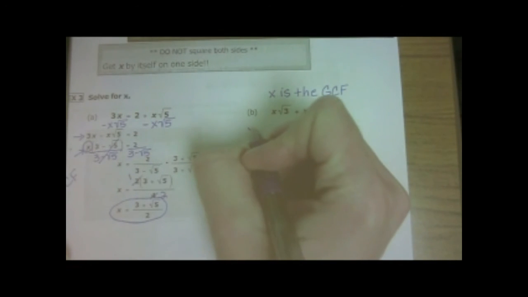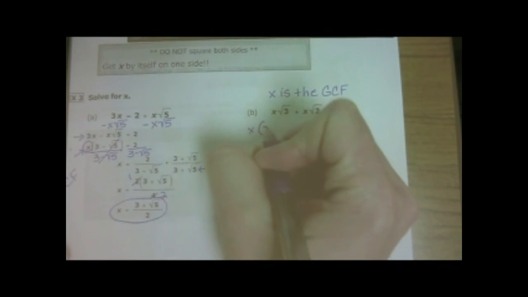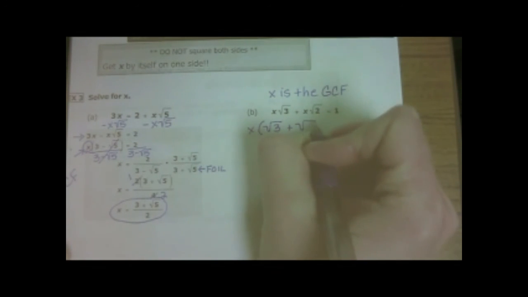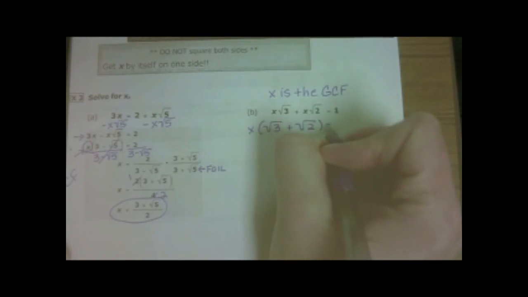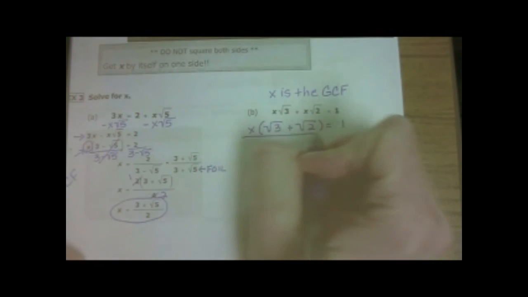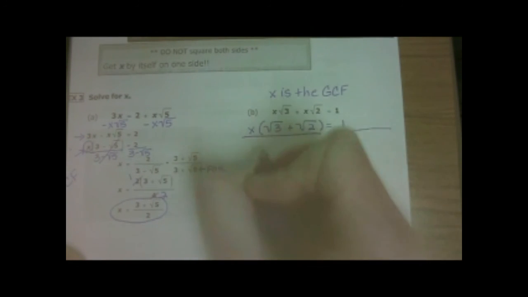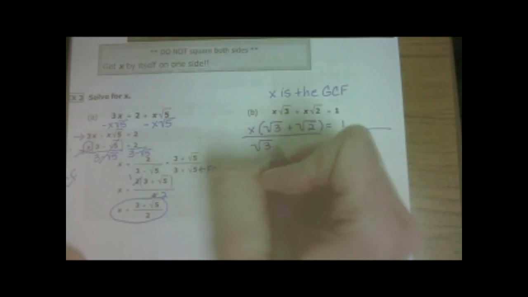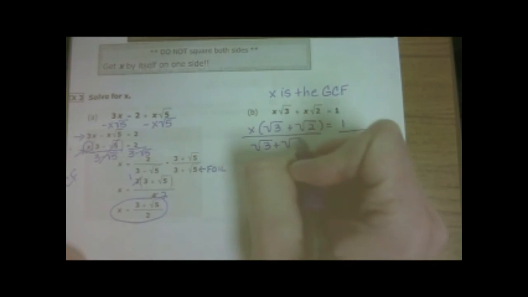So bring it to the front, and in parentheses, I have the square root of 3 plus the square root of 2. And that equals 1. Now, to get x by itself, we're going to divide both sides by the square root of 3 plus the square root of 2.